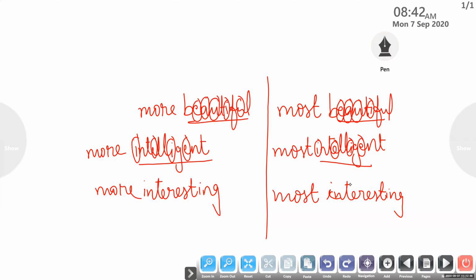More difficult, and most difficult in superlative. Then important: more important and most important. Then expensive: more expensive, most expensive. You got it now? Is it clear? The case of long adjectives?